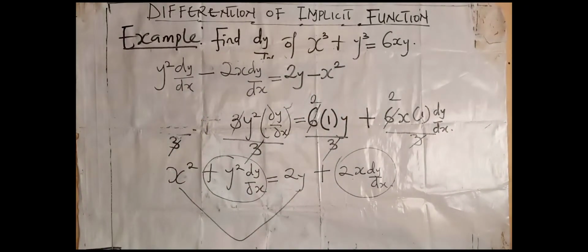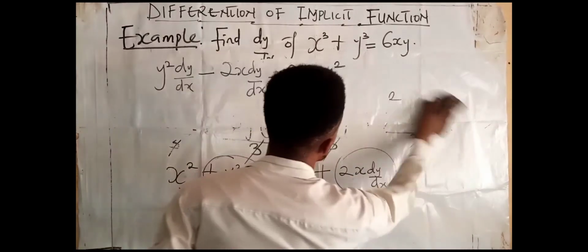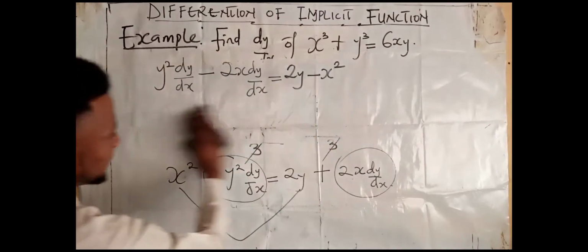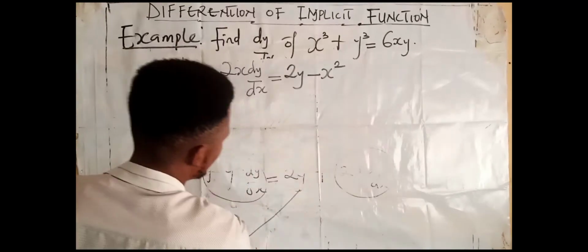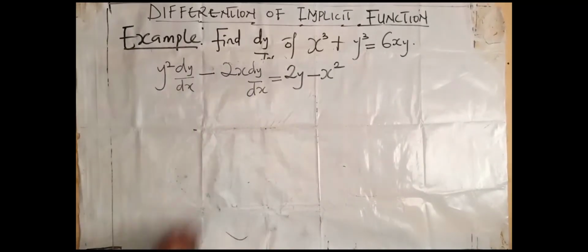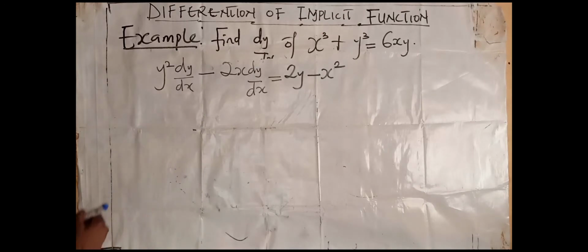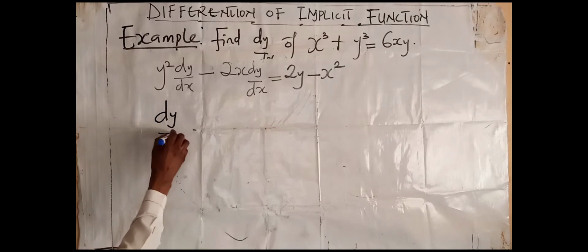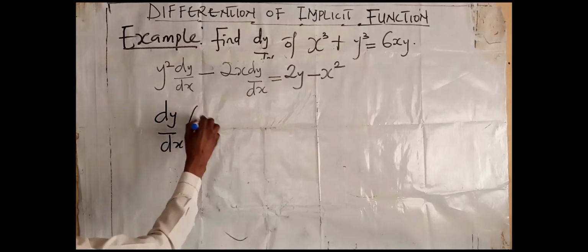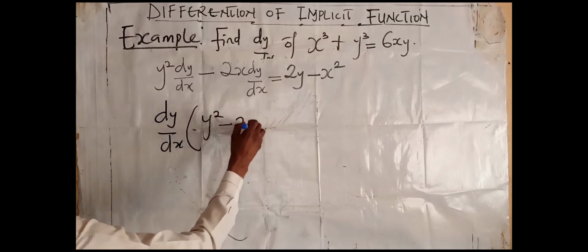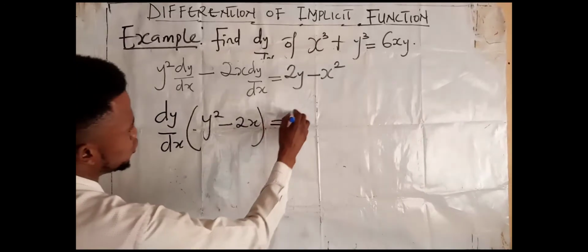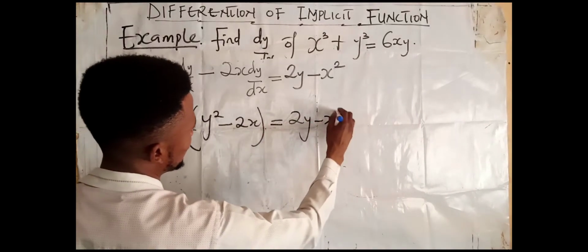Now, can you see that? So from here, let's continue the workings. dy dx is common in both terms. So if I factorize dy dx, this is going to give me y squared minus 2x is equal to 2y minus x squared.